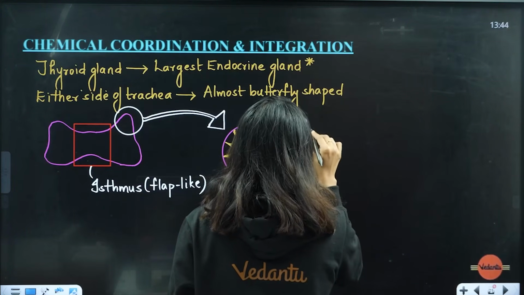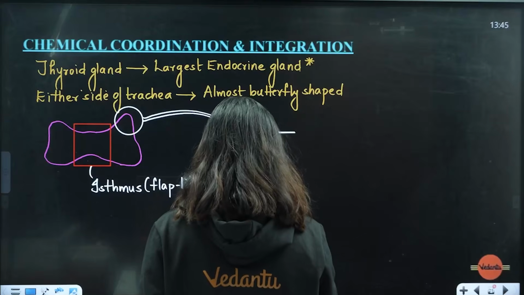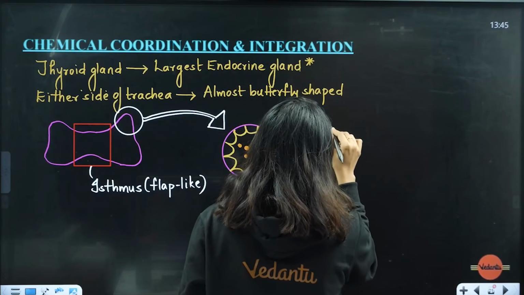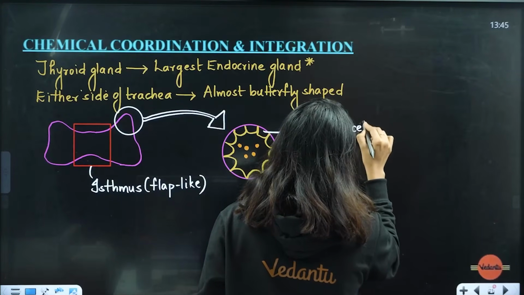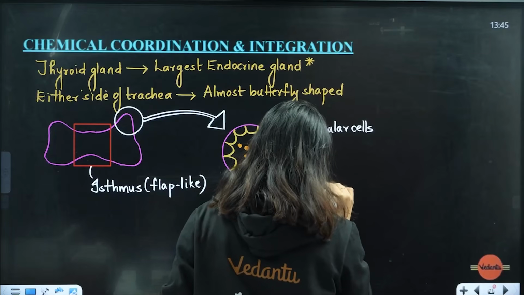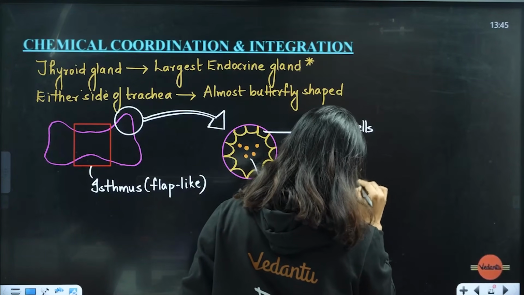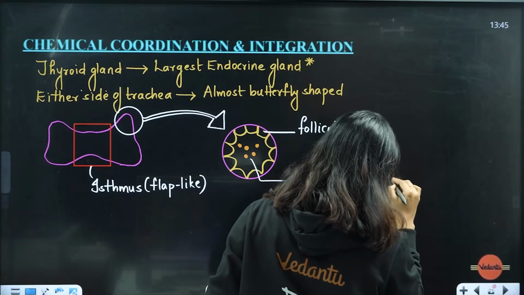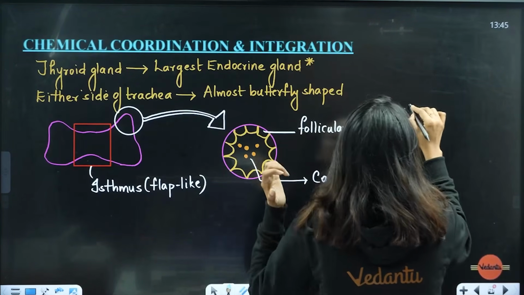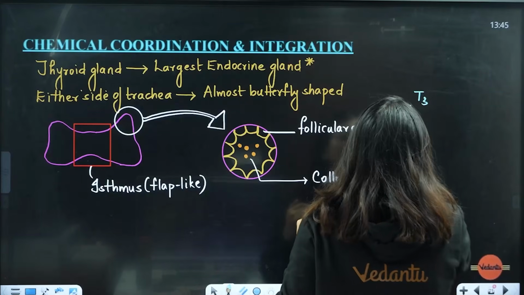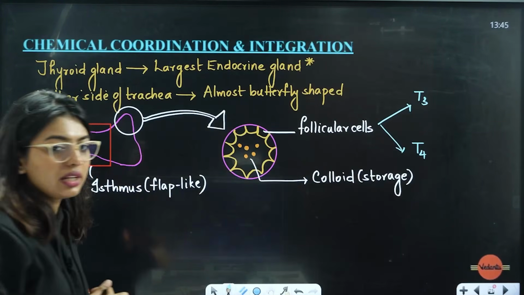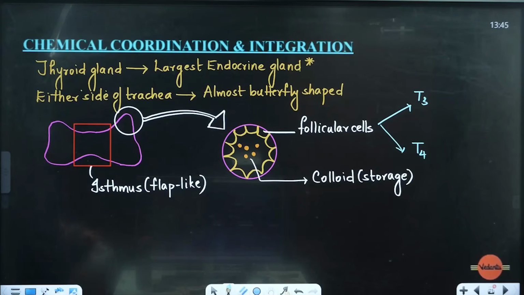This is the follicular cells, and this region is the colloid, where the storage of the hormone has to happen. Now students, what will these follicular cells release? T3 and then T4. T3 and T4 will be released. This is understood, right?